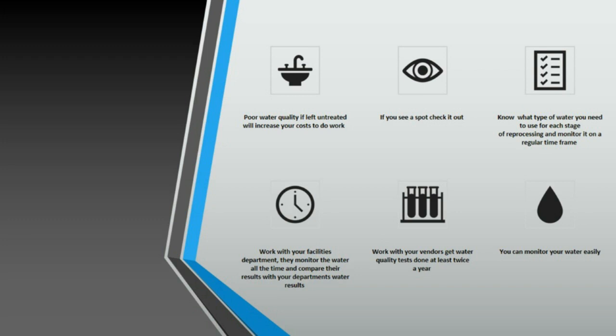Know what type of water you need to use at each stage of reprocessing and monitor it on a regular time frame. It's supported in standards. It's something that if you're going to comply with IFUs, you have to be doing it. So if it's not something you're actively doing now or thinking about, it's something that you really should.